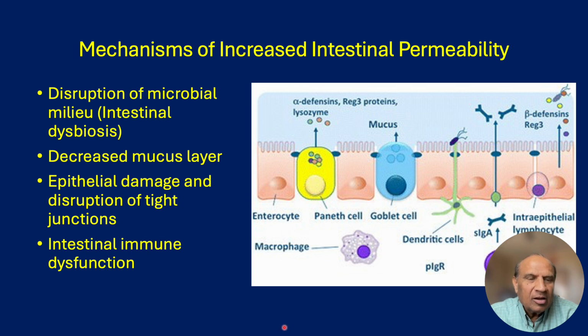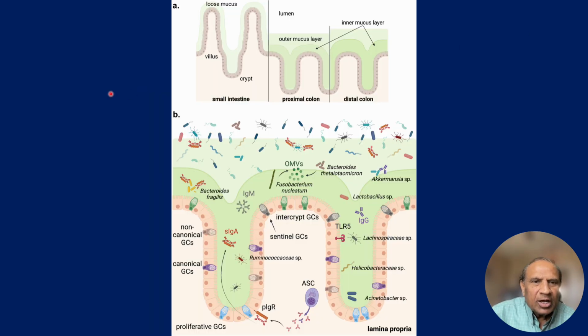We had looked at this before, and I will come back to these slides multiple times as we check each one of these mechanisms. The first one is the disruption of the microbial milieu, or intestinal dysbiosis. So gut microbiota is microorganisms in the intestinal lumen, and this part is the small intestine, this is the large intestine or the colon.